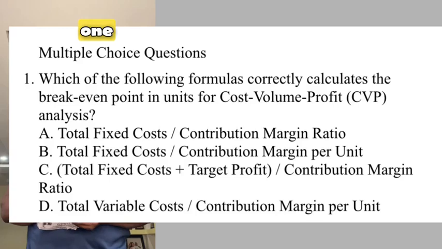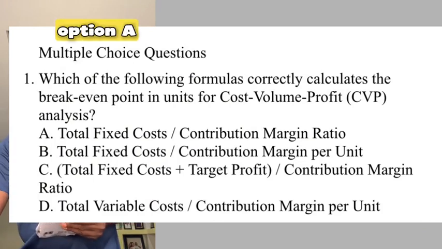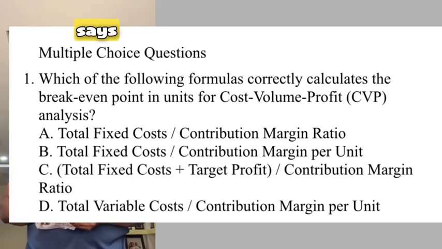Question number 1. Which of the following formulas correctly calculates the break-even point in units for cost volume profit CVP analysis? So option A says total fixed cost divided by contribution margin ratio.